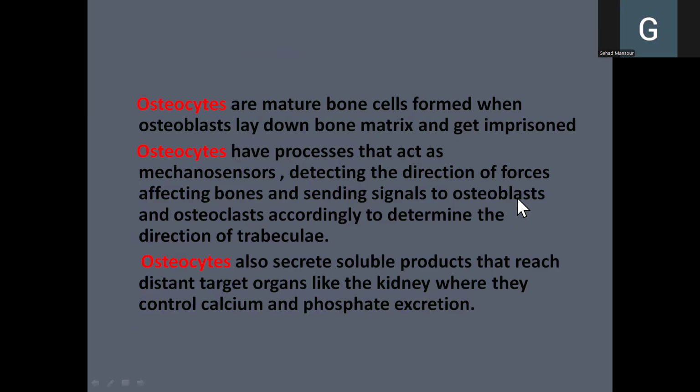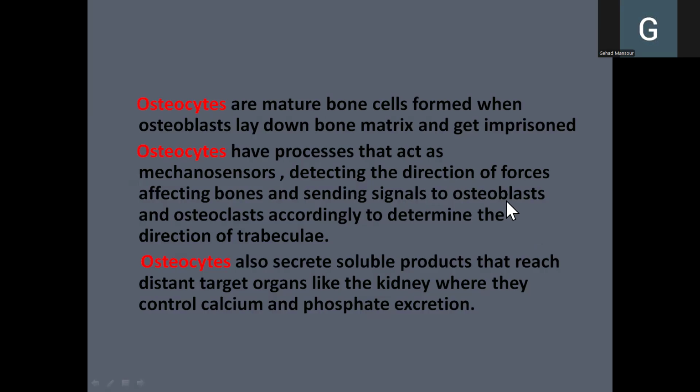Actually, they do not tell the osteoblast through language where to deposit bone. But how can they do this? They can do this by sending their signals only to those osteoblasts that are in the trajectory or the line of applying of the force.